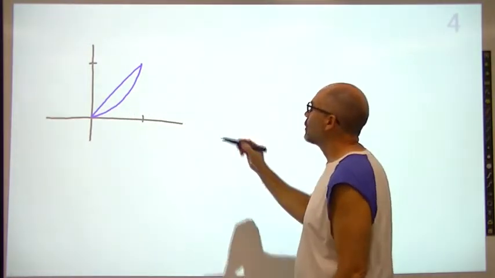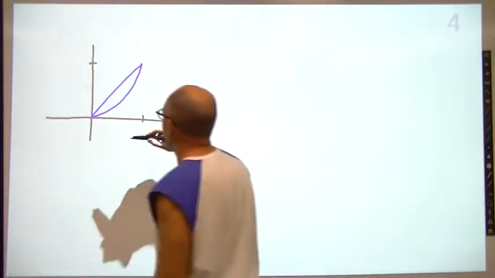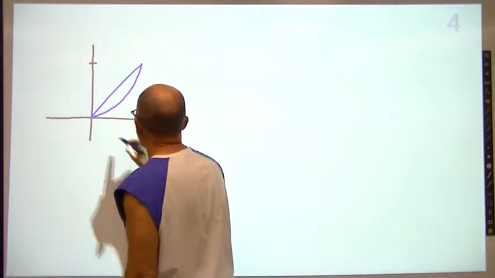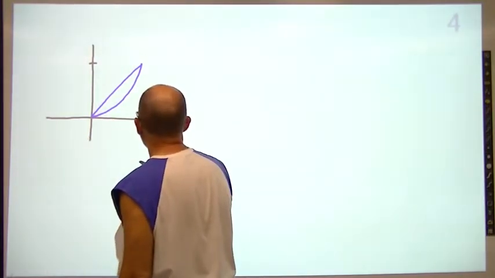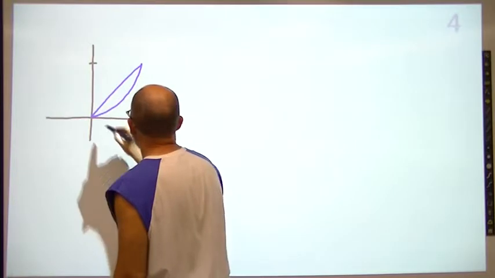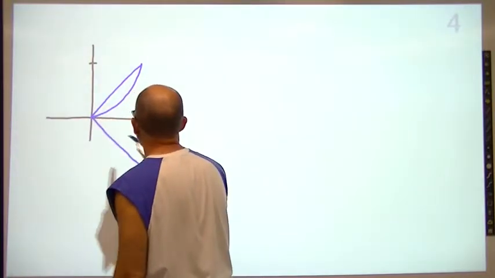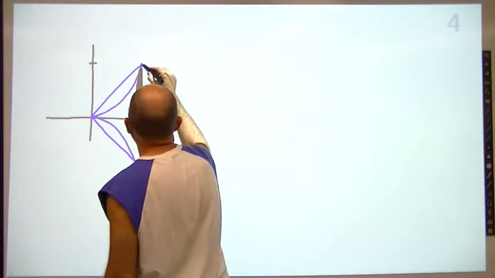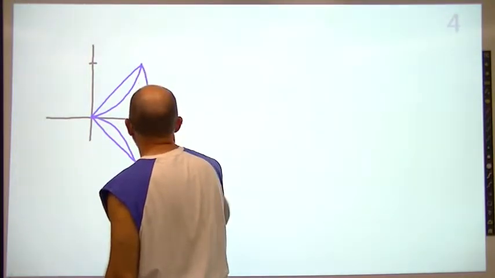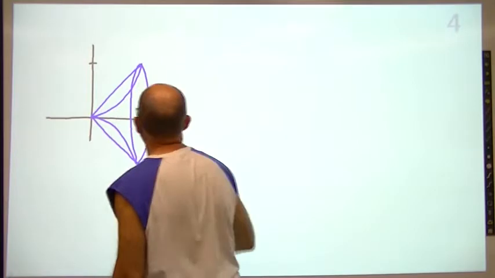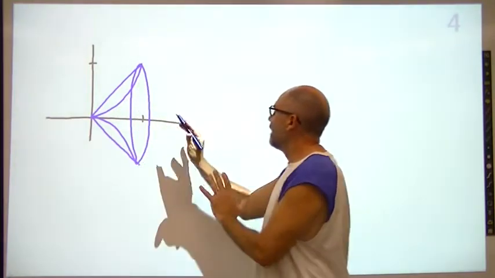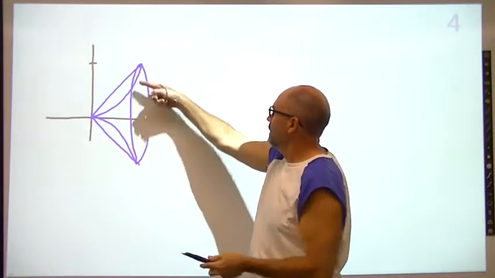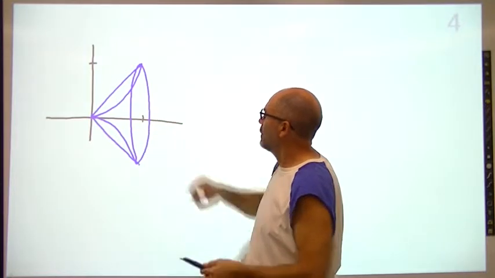Now, I'm going to rotate this about the x-axis. So that gives me basically a mirror image of what I just drew. And here's my rotation. Okay, so I have this shape that's being rotated around here.